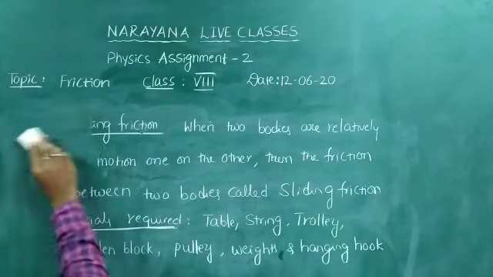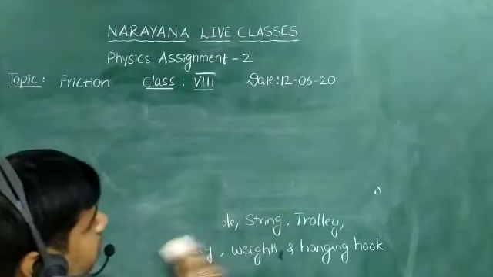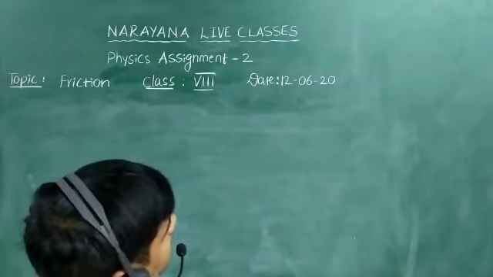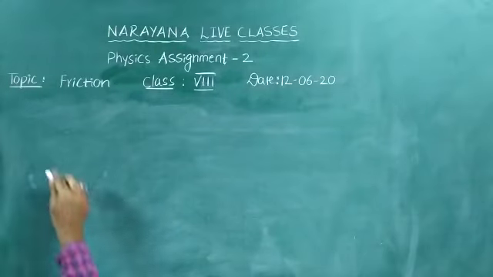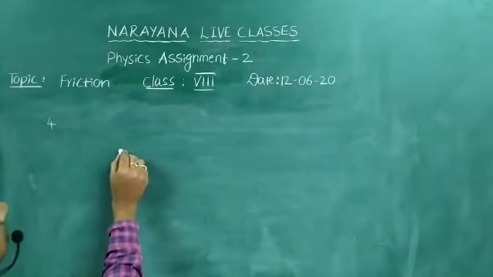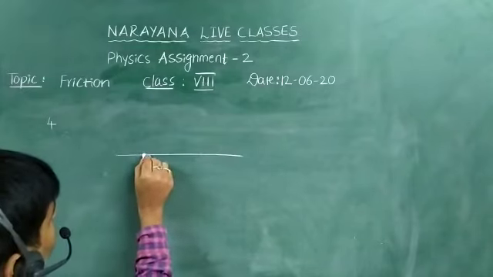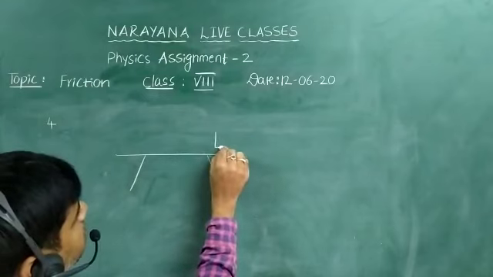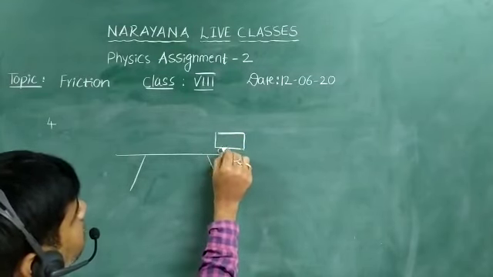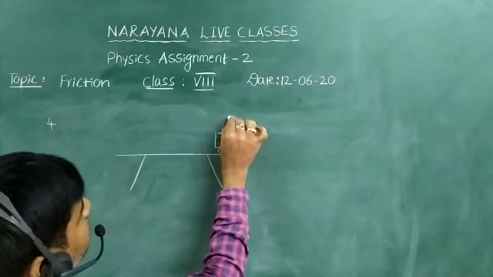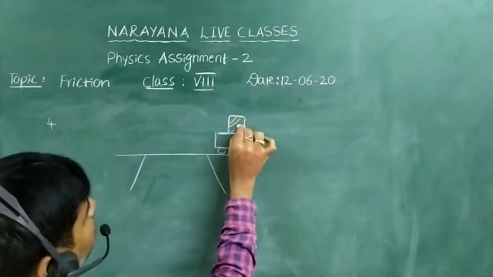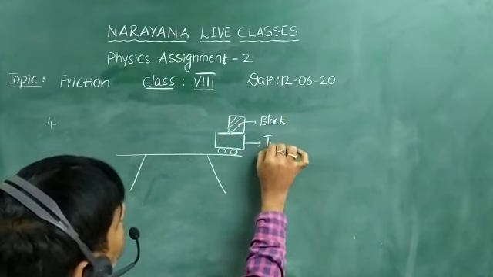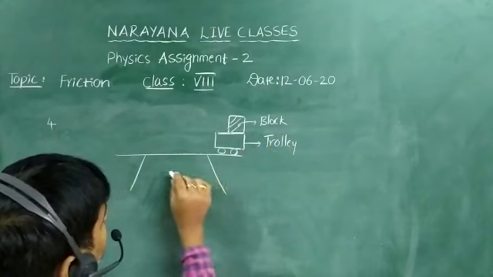The fourth question is the diagram by which we can understand the static friction concept. So the fourth answer is just the diagram. This experiment has the trolley. On the trolley there is a block. This is a block, this is a trolley, and this is a table.